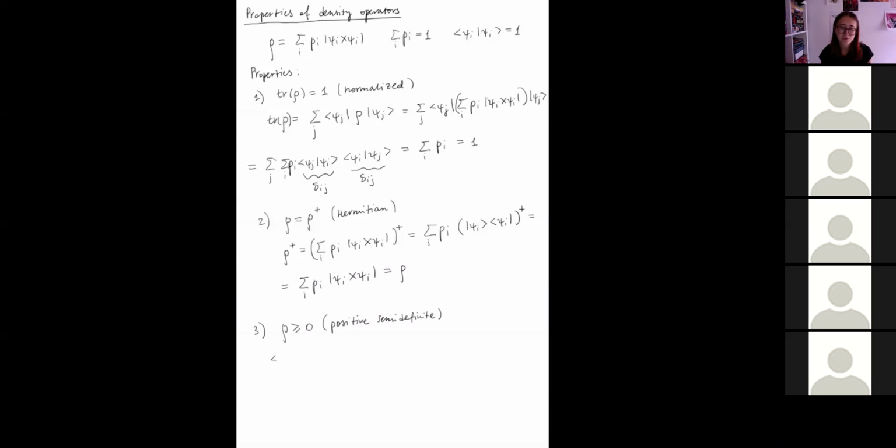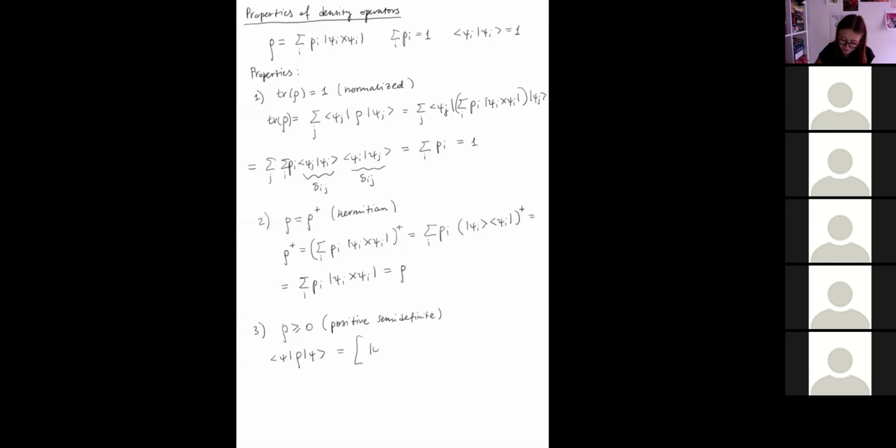Well, to show it, we just need to put rho in between the bra and ket of some arbitrary state psi, and show that the value we get is greater or equal to 0.